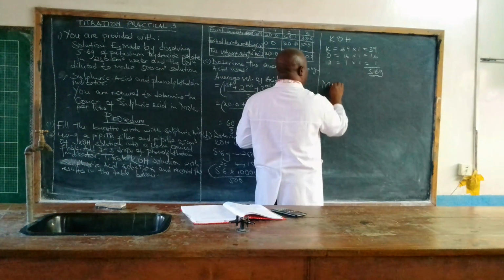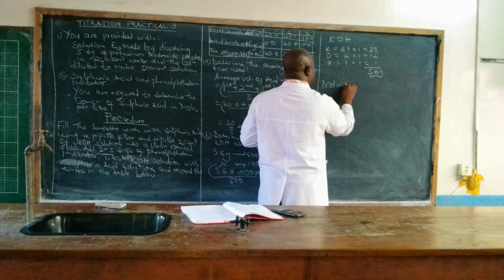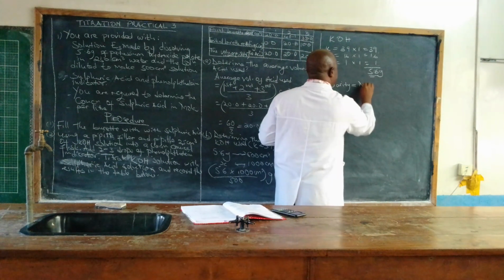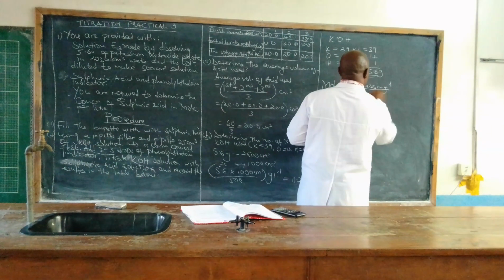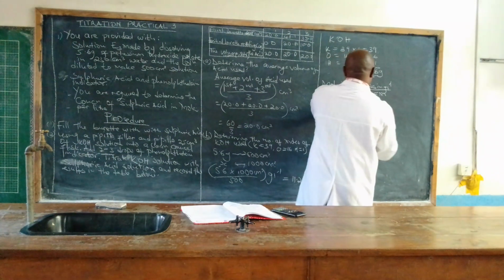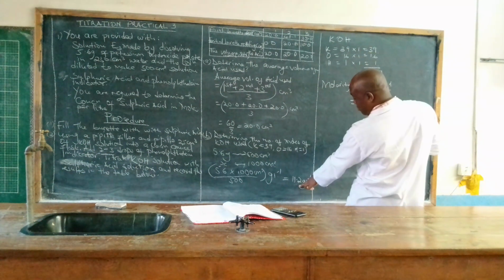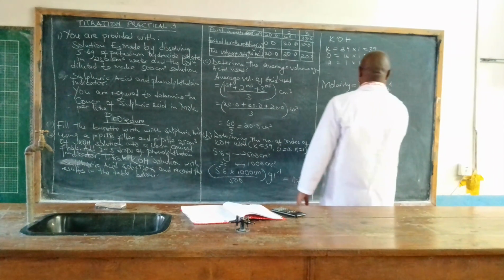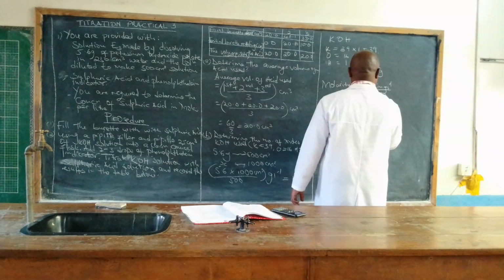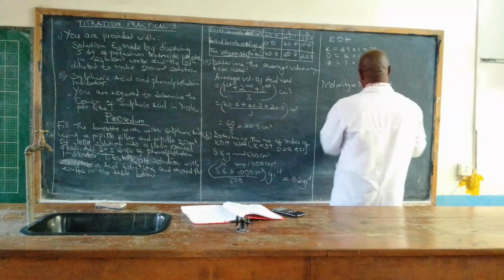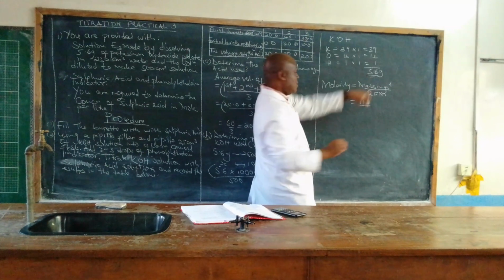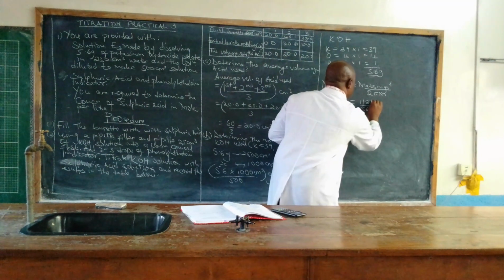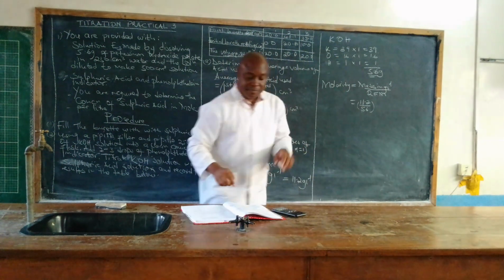After we have gotten that 56 grams, we are now going to write the molarity. What is the molarity? Molarity is equal to mass in grams per liter divided by the RFM, right? The mass in grams per liter we found to be 11.2. I am supposed also to economize space. And then the RFM we have found to be 56. So we go back to our calculator.